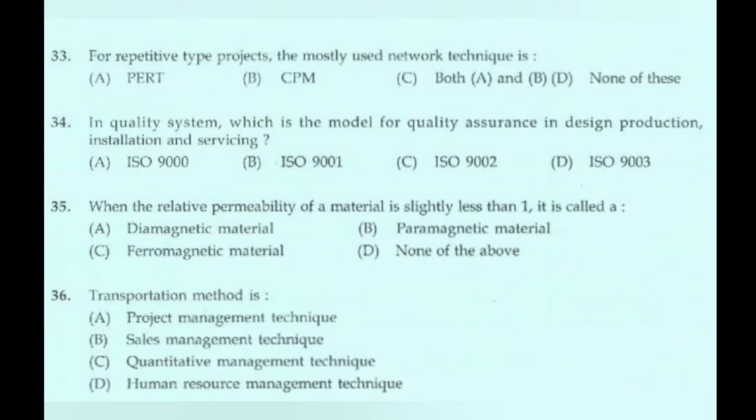Question number 33. For repetitive type projects, the mostly used network technique is. Answer is option B. CPM.